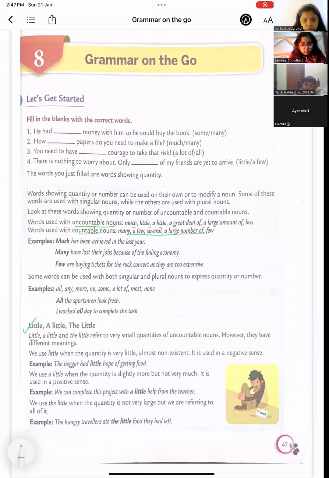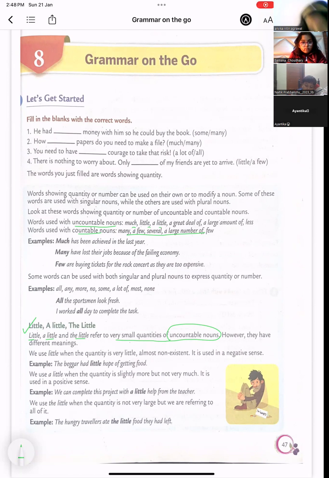Little, a little, and the little refers to a very small quantity of uncountable noun. So whenever you have uncountable nouns, there you will be using little. Now, is it just little, a little, or the little? Where to use that? It's a very important thing. So I want you to focus. Are you guys listening?